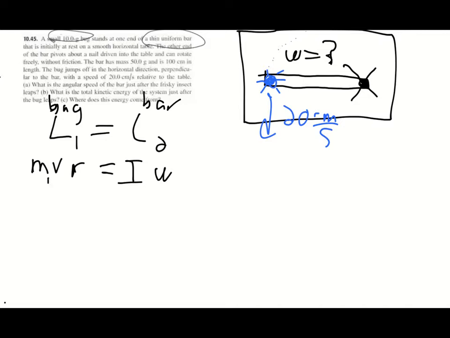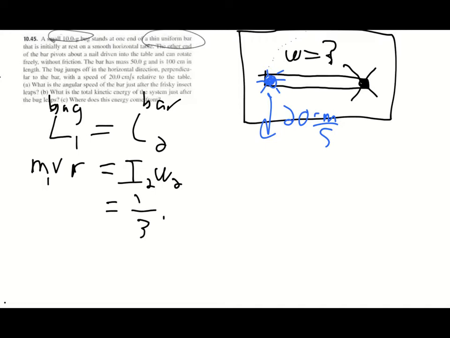This is L1, and since the bug is at the end, the radii will be the same. I don't have to give them a special variable. This is I2 omega 2. We know the moment of inertia of the bar fixed at one end is 1/3 m2 r squared. Look it up in a table if you need to.